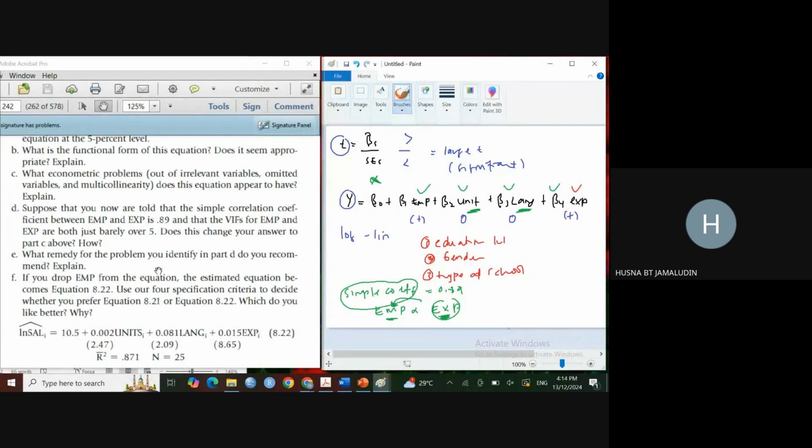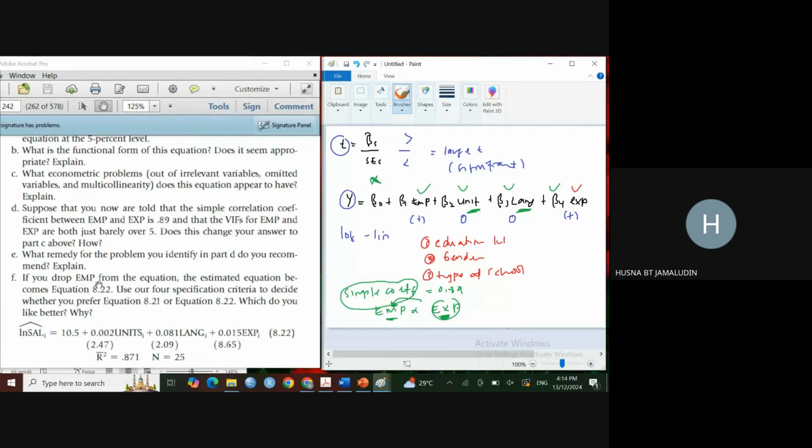That's it? No. You have to tell which variable we should drop and why. That's why the question said explain. Why should you drop EMP? Because in theory, normally we're going to use experience. Experience is one of the relevant variables that can affect the change in your salary, not the years of working. Okay? You have to relate it with the theory.